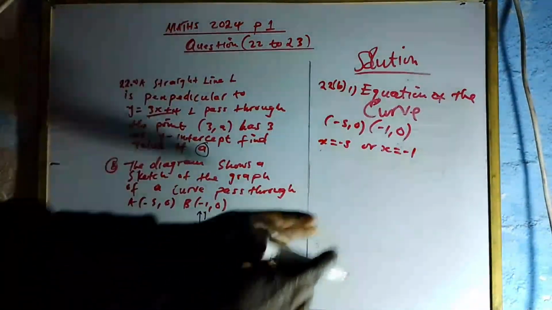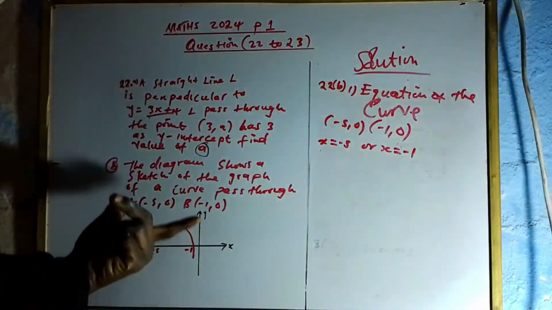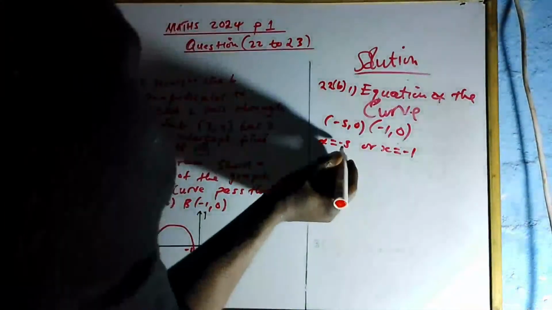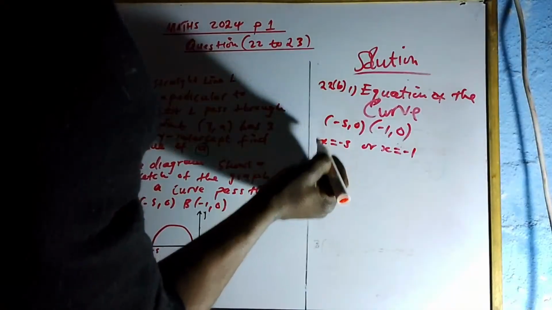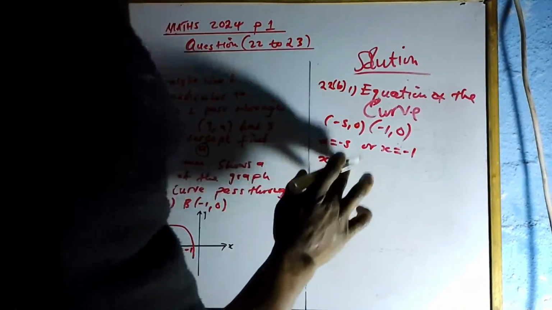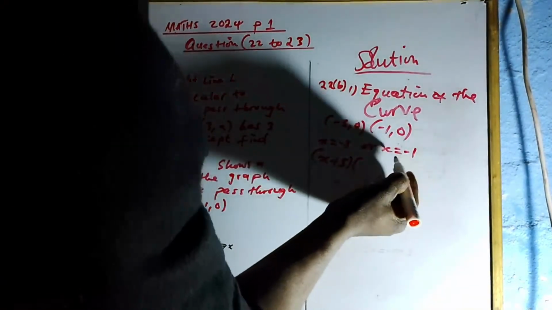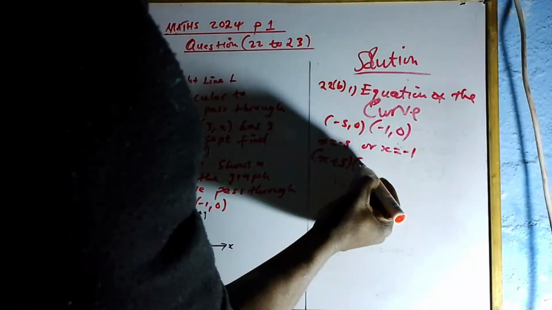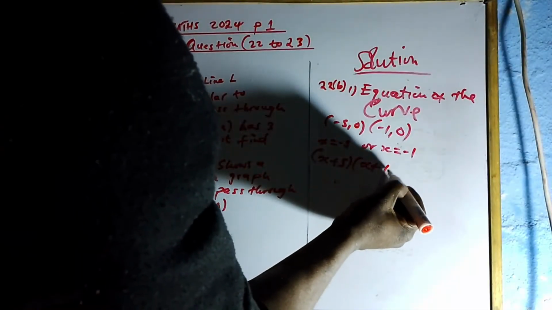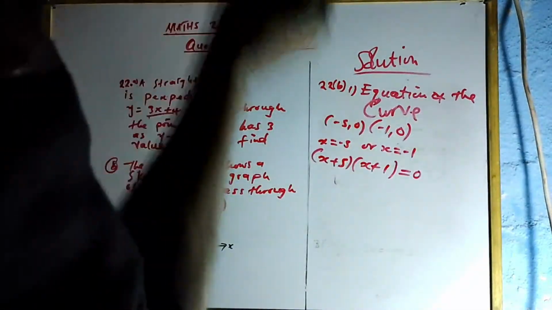So we have to take back these values to generate the equation which they are asking for. When -5 crosses the sign to be x plus 5 in brackets, then when -1 crosses the sign to be x plus 1, which should be equal to 0. So now let's try to expand.